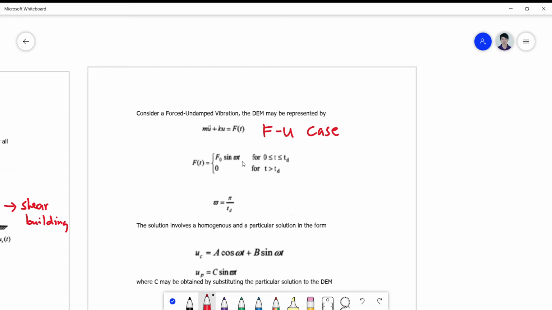Impulse loads are loads that suddenly stop at a certain time duration. So this is now a harmonic half cycle impulse sine wave load.